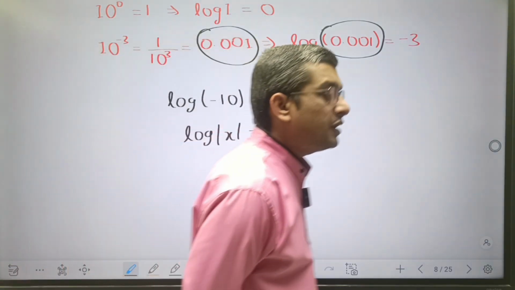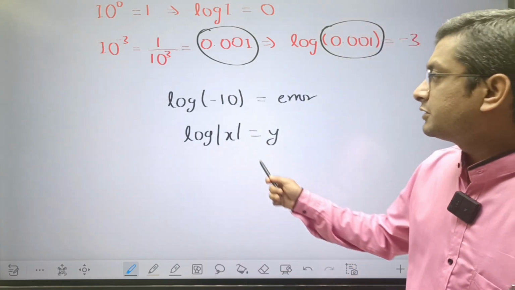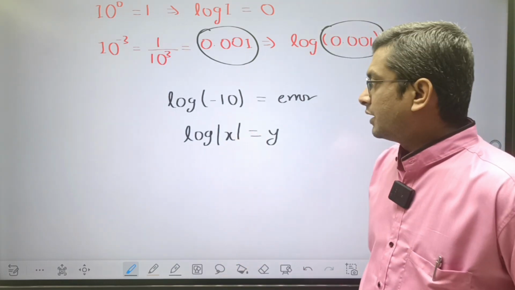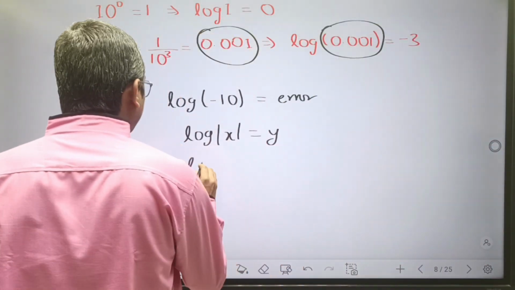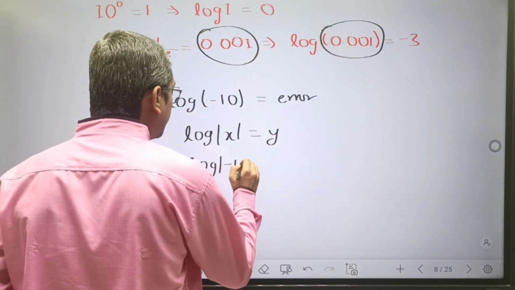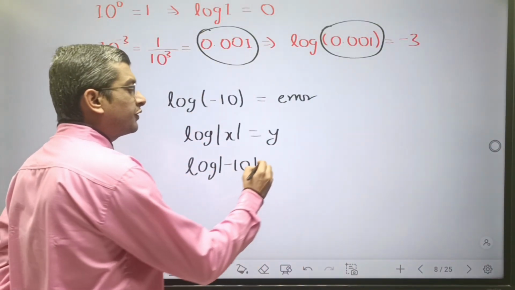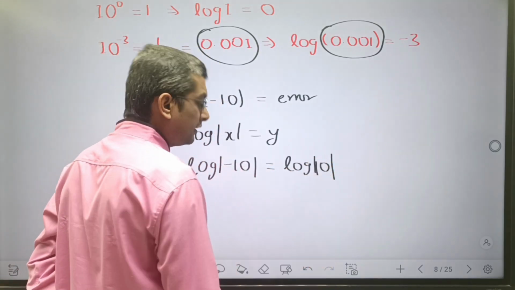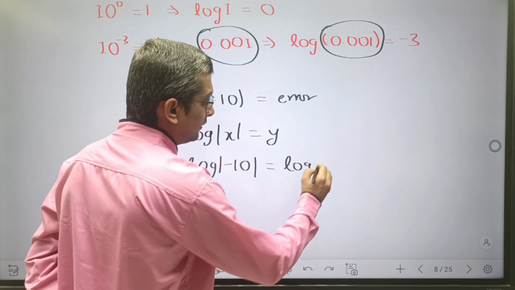This is known as the modulus function, which means that this value is always positive. If you put log of minus 10 and you apply this mod sign, then this will become log of 10. Are you getting? This will become log of 10.